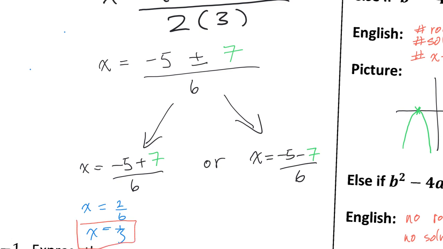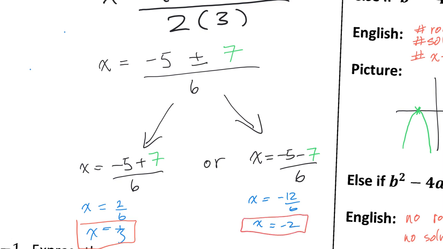Now our other solution is x is equal to the following. x is equal to negative 5 minus 7, which is negative 12 over 6, which means x is equal to negative 2.